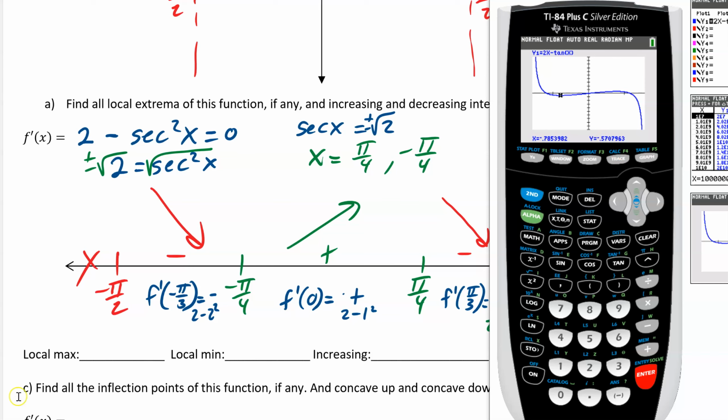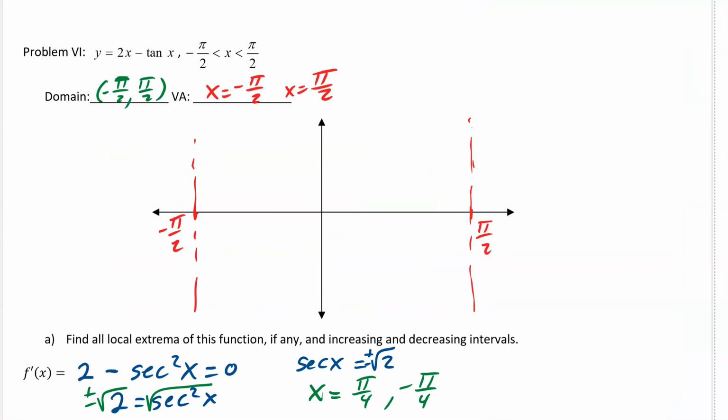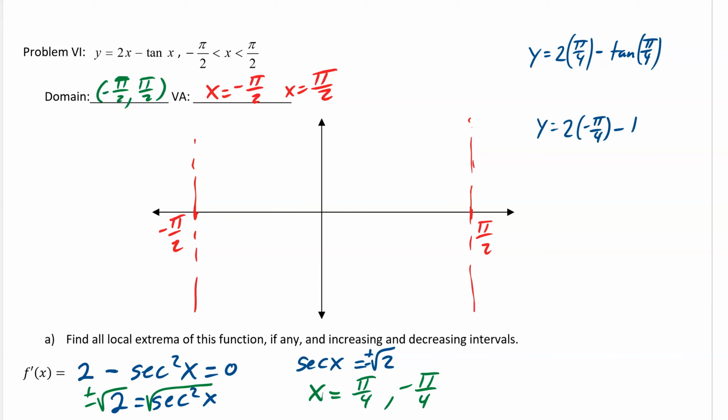Let's find the exact value. So we have y equals and 2, and we're going to do pi over 4 first. And then we'll plug in negative pi over 4. And the reason we're plugging this, there's still a nice, we're going to do exact values.